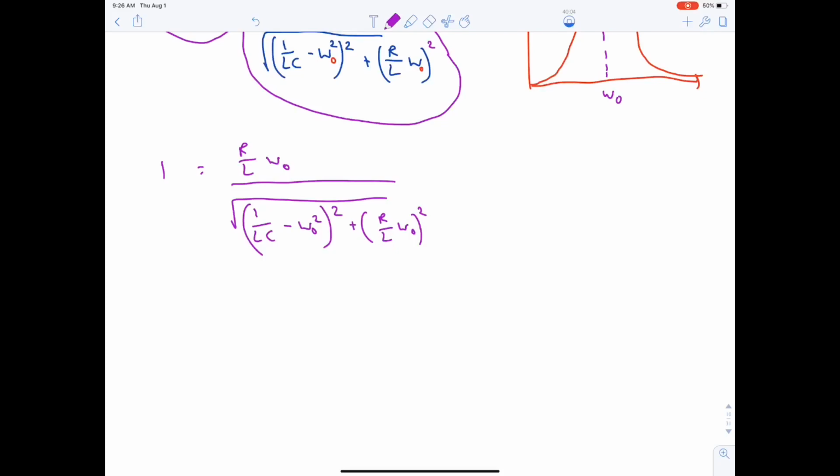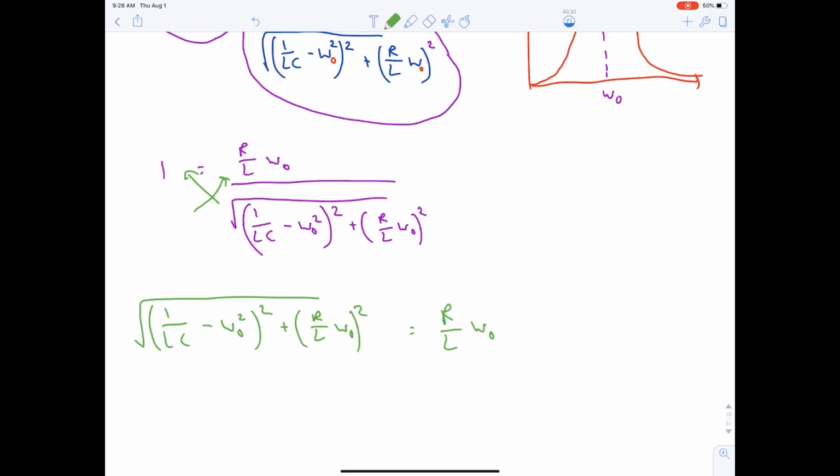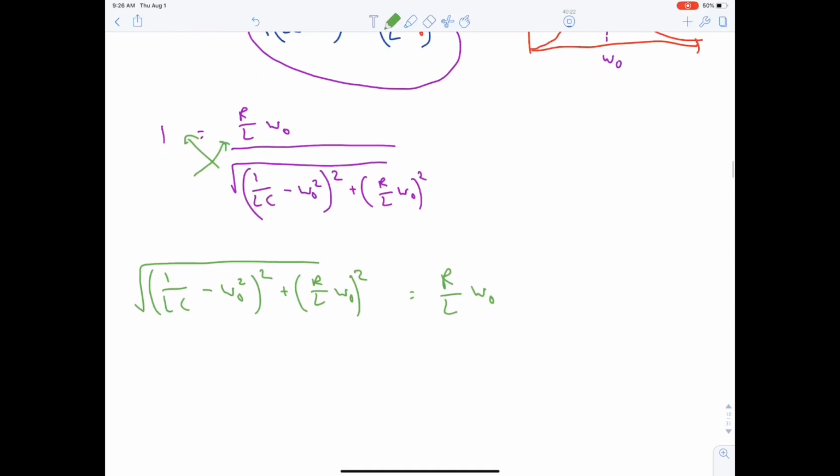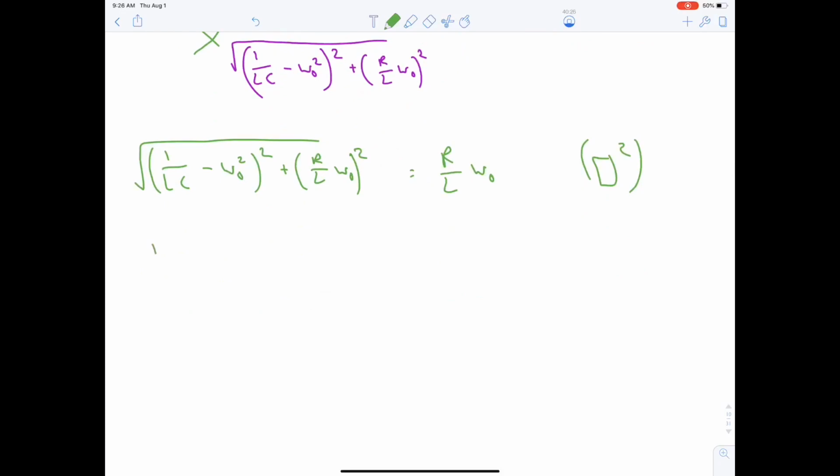Okay, then you have to do what? Cross multiplication: (1 over LC minus omega naught squared) squared plus (R over L omega naught) squared equal to (R over L omega naught) squared, after squaring both sides to get rid of the square root.